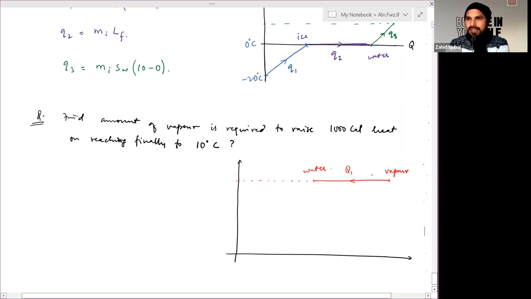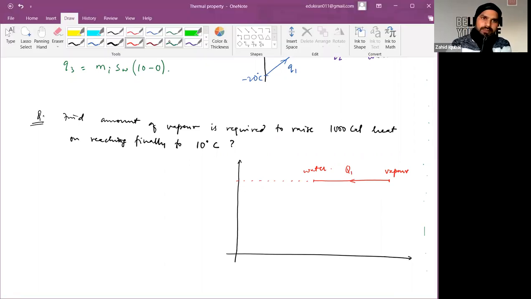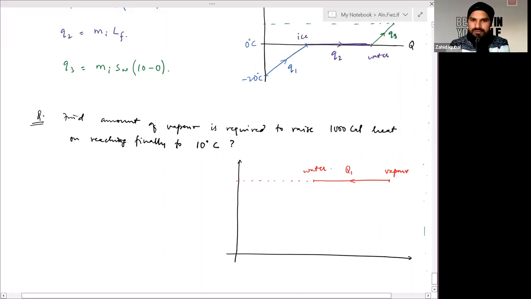So it will be latent heat of vaporization. Again, on further cooling down, to change temperature from 100 degrees Celsius to 10 degrees Celsius, the heat will be given by specific heat.